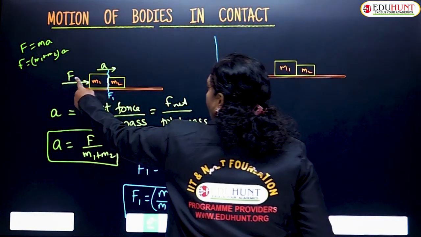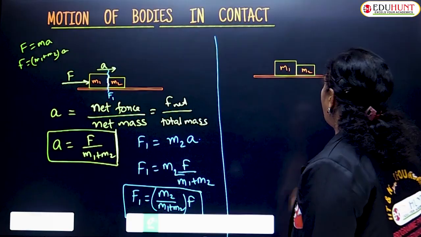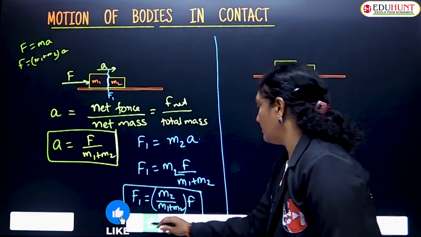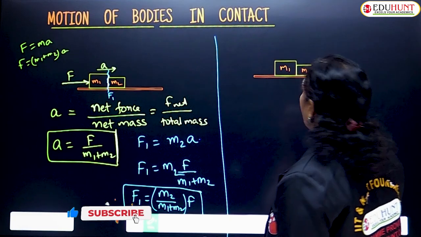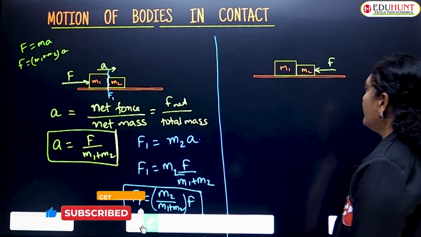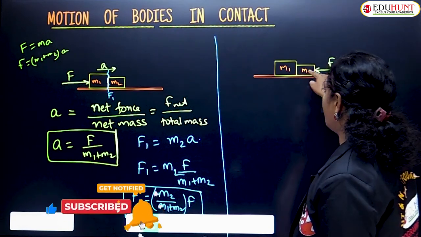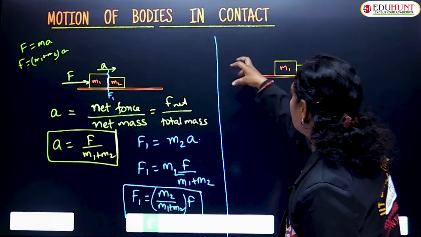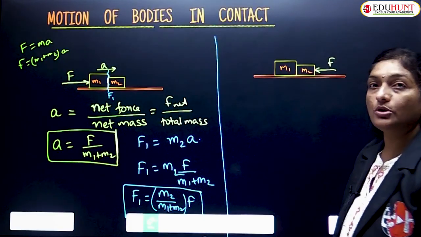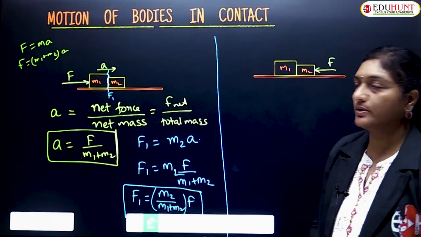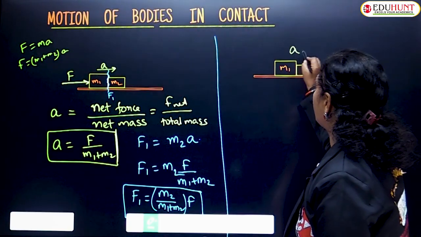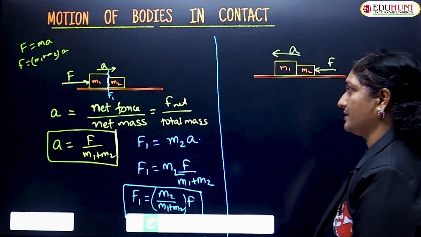Earlier we applied a force F on M1. Now let us apply a force F on M2 and see what may happen. Clearly, when a force is applied, as they are kept on the smooth horizontal surface, both blocks will start moving together with some acceleration A towards the left side.